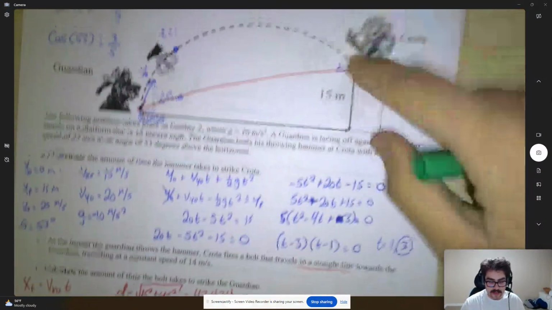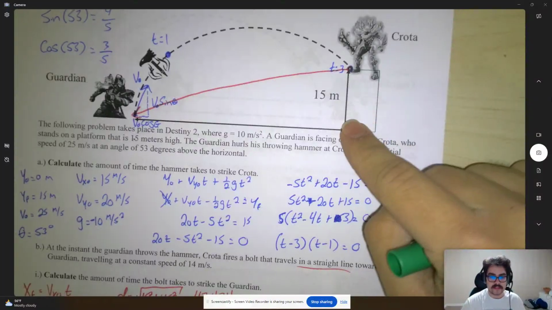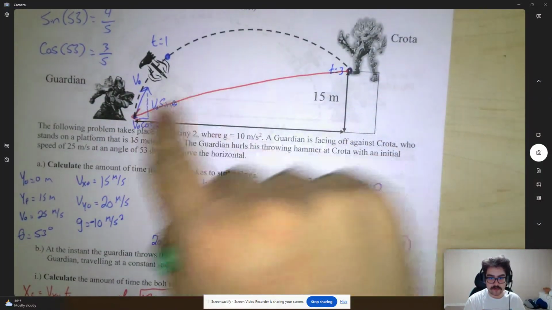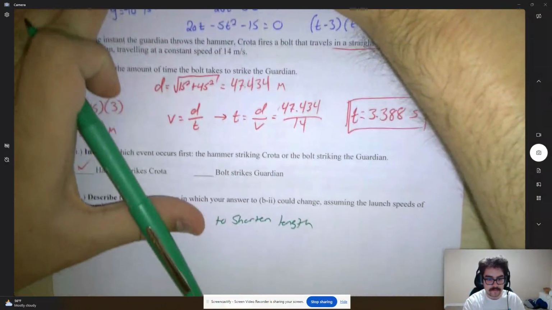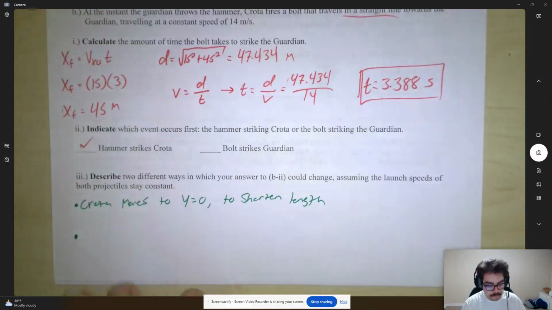If we take him, he's up here, we move him down to the ground level. This distance is going to be shorter than this distance. It's slightly shorter, but it could change the result. Again, it says could change, not will change, so read the questions carefully.